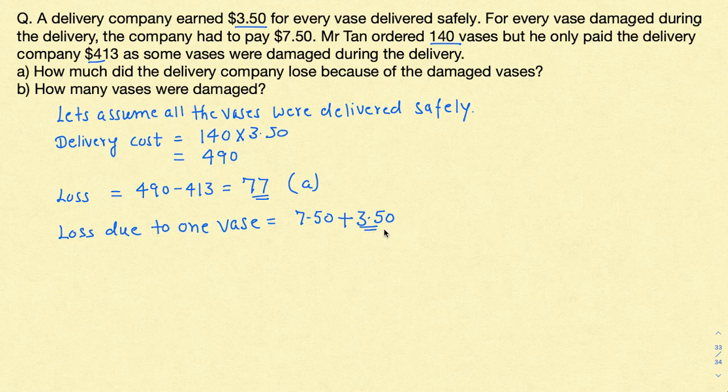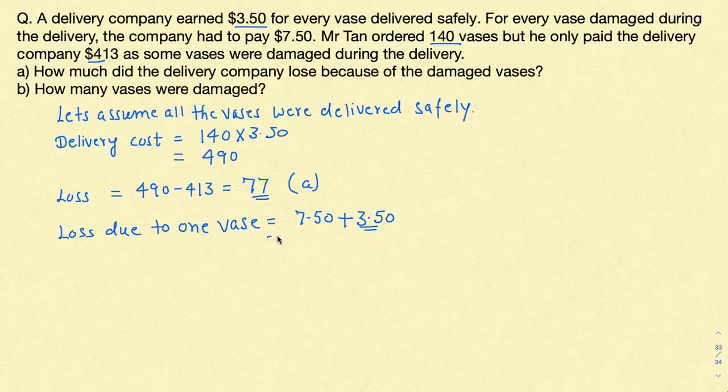So the loss is not only what the company has to pay if the vase is damaged, that is $7.50. The loss includes the amount which the company could have received if the vase was not damaged.